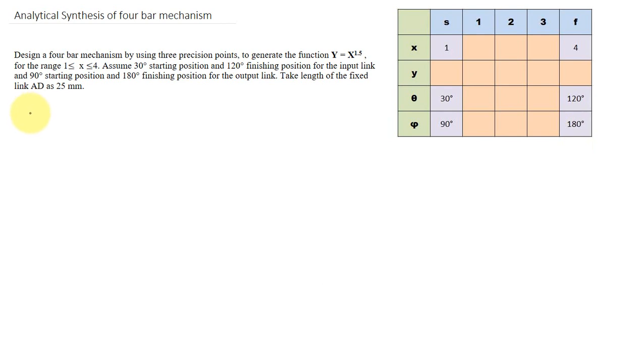In order to find the precision points, xj is equal to 1 by 2 into (xs plus xf) minus 1 by 2 into (xf minus xs) cos of pi into (2j minus 1) divided by 2n.